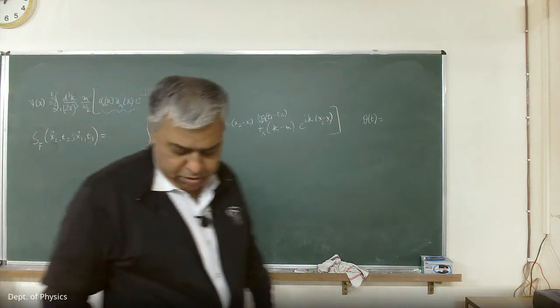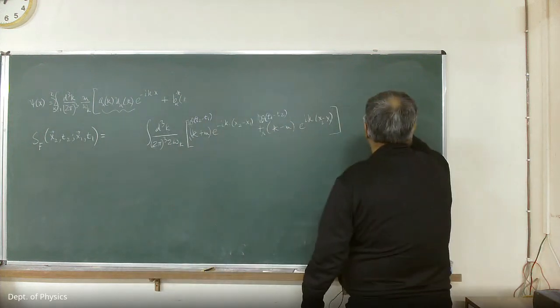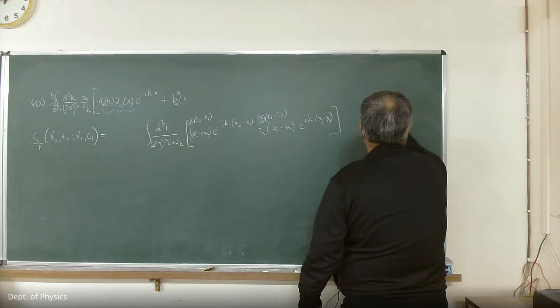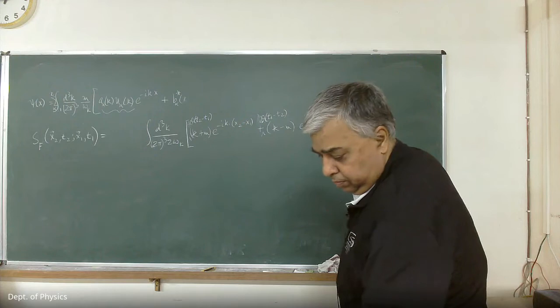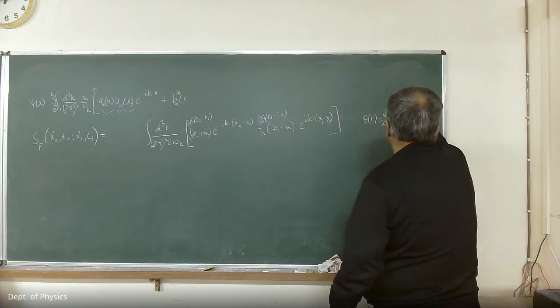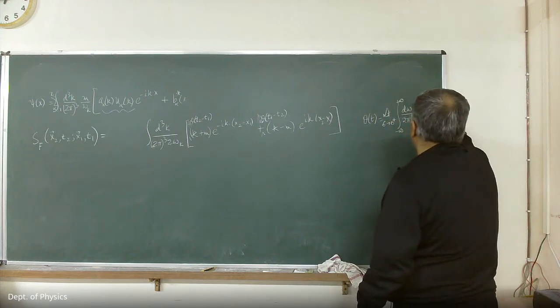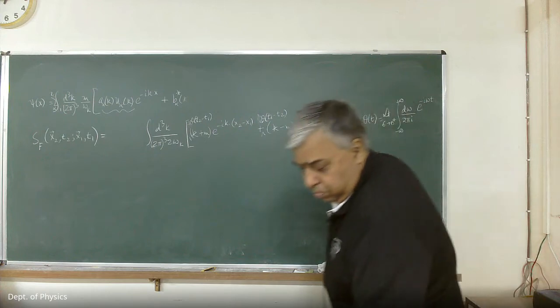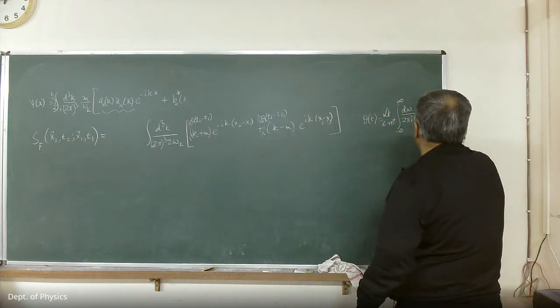The integral representation is the limit epsilon tends to 0 plus of the integral from minus infinity to plus infinity d omega by 2 pi i, e to the power minus i omega t, divided by omega minus i epsilon.